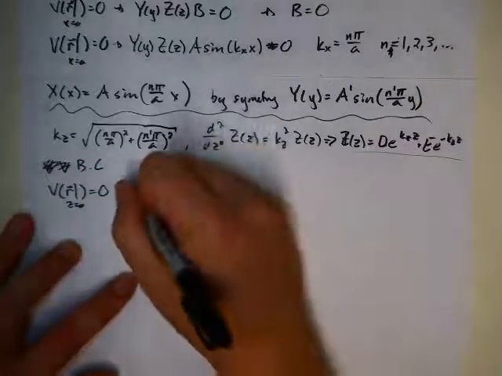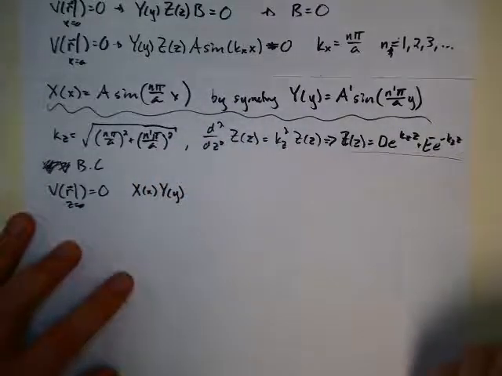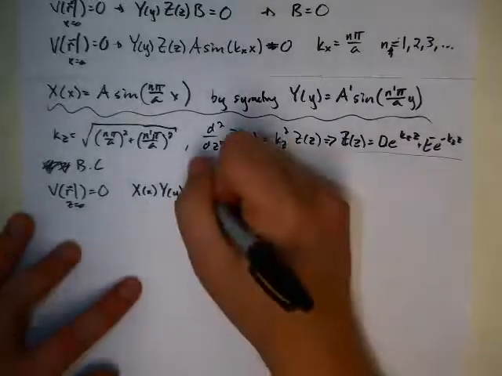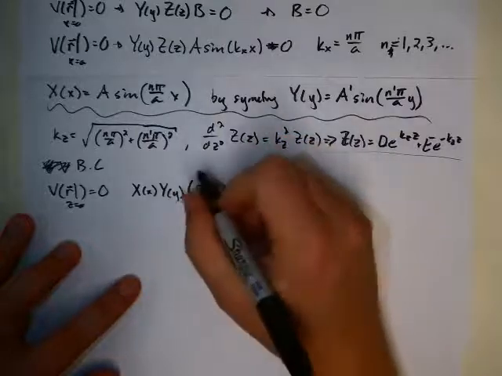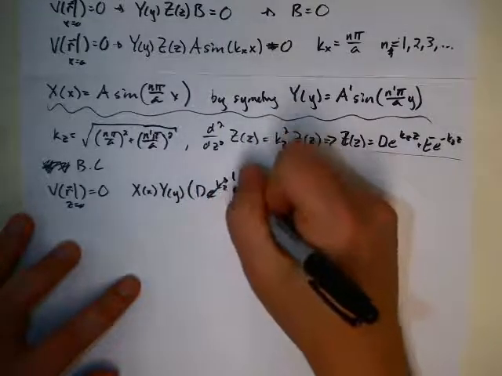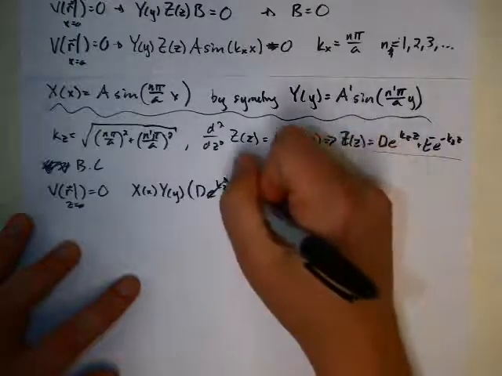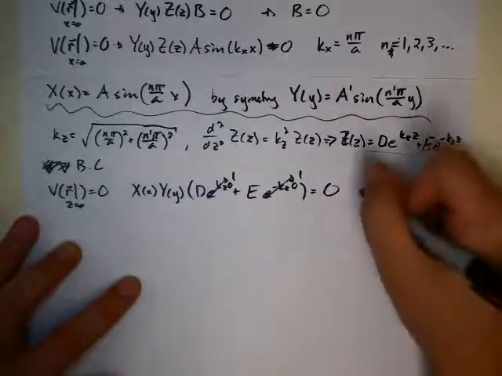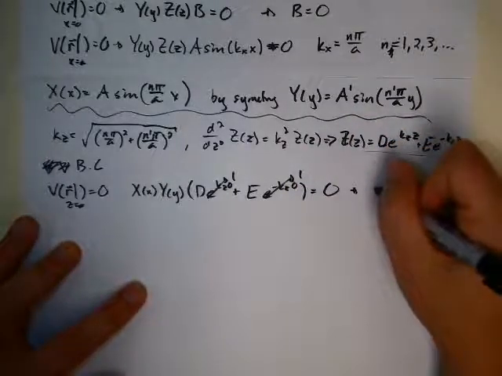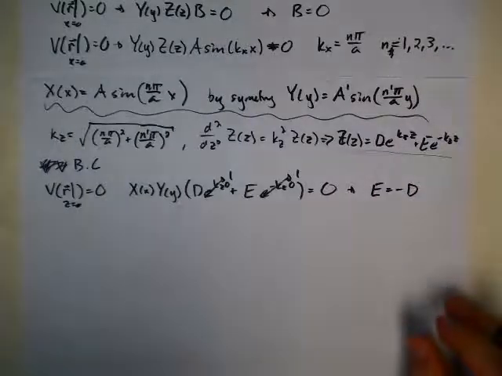For us, that's going to be x, y, which I'm not writing out explicitly because I don't need to, and then this thing, d e to the kz 0, which is just 1, plus e to the minus kz 0, which is again 1, this has to equal 0. Well, this will only equal 0 if e is negative d. So that solves for e in terms of d.